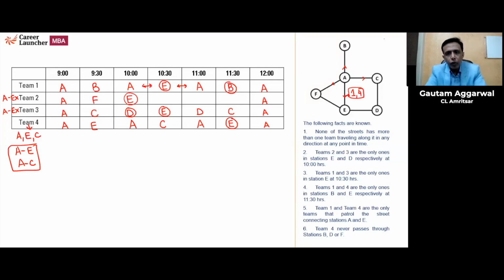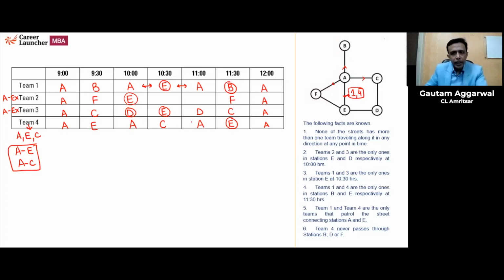Team 2, A is already used here, cannot travel on EA. So from E it had 2 options, either to go to F or to go to D. Now AE was not possible anyway for team 2. So where can E go? E will either go to F, and from F it will travel to A, then go somewhere. But the problem was that either E is not possible, or B and E is not possible. So here the only possible case is F. Just as while going all the 4 routes have to be used, to reach back again all the 4 routes have to be used because the same route cannot be repeated.